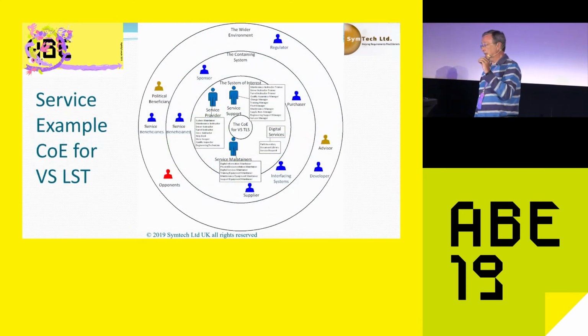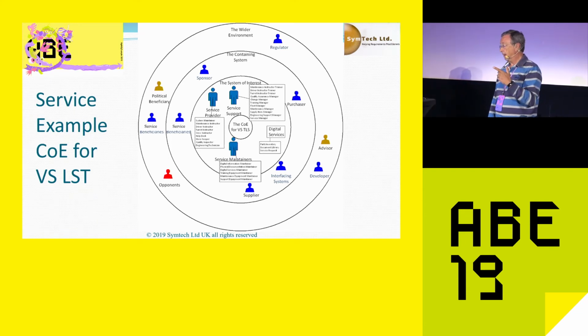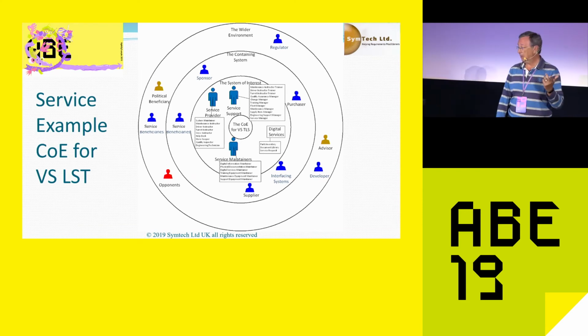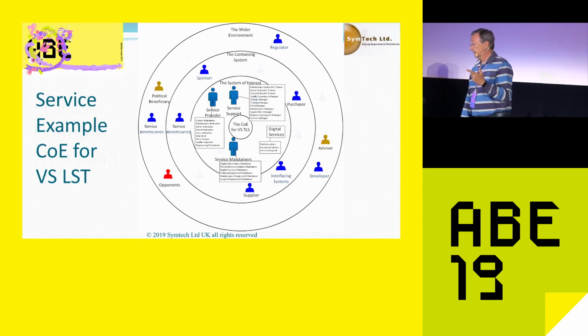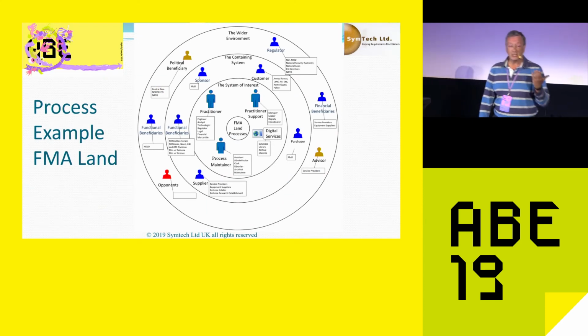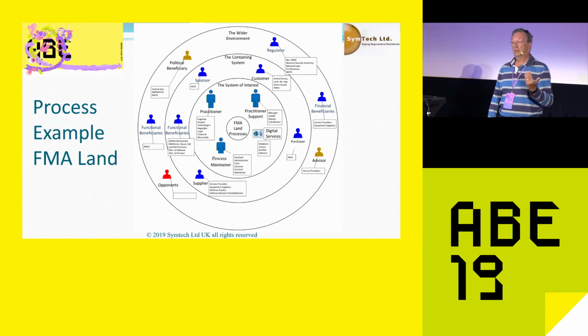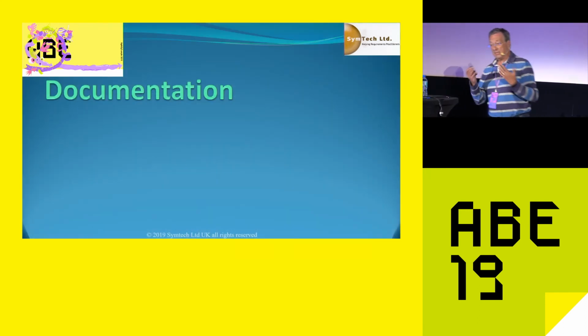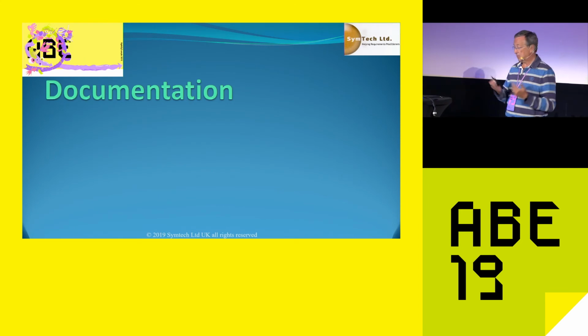Now notice it's not the normal user now, it's the service provider, and it's a service beneficiary. But it works perfectly well for services. It works perfectly well for a process, where you have a practitioner of a process, maintainer, process support, etc. So it can be easily adapted to the situation you're in.